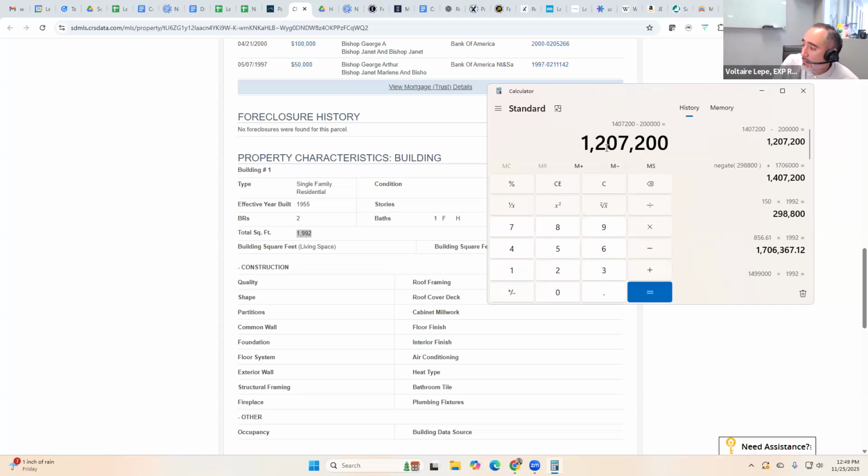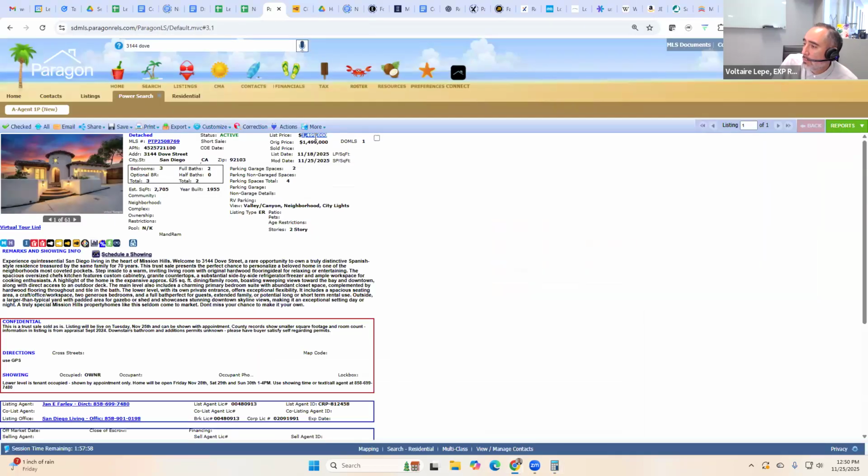And this doesn't include any holding costs. This is just pretend you bought it cash or you're gonna live in it, and it might be worth it to buy it for 1.2, fix it up, and move into it. Their asking price is 1.5.